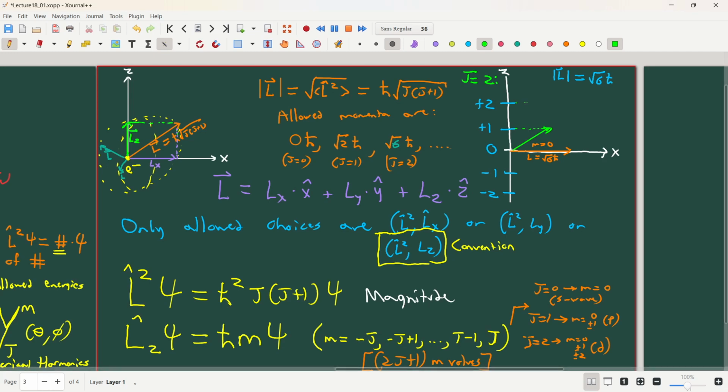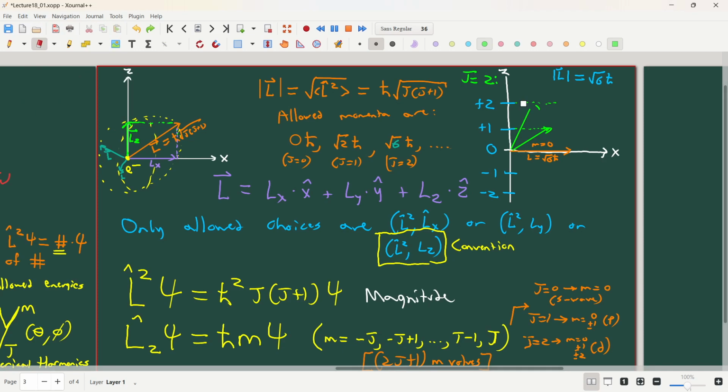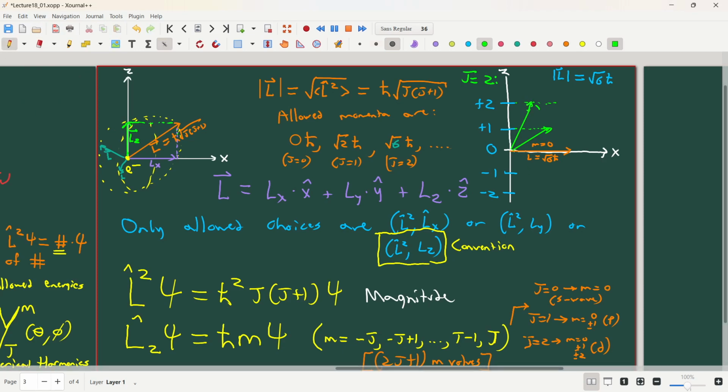And it can also be +2. I'll make that a little longer. And likewise, it can have equal and opposite clockwise rotation in the opposite direction.